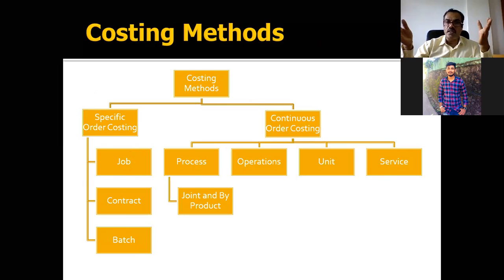Therefore, that particular contract is also a part of your job costing in a way. A batch, that particular batch only. So specific order costing: you accumulate all the cost for that particular batch and decide the cost of the total batch. That is not processing, but you take an order for the batch.